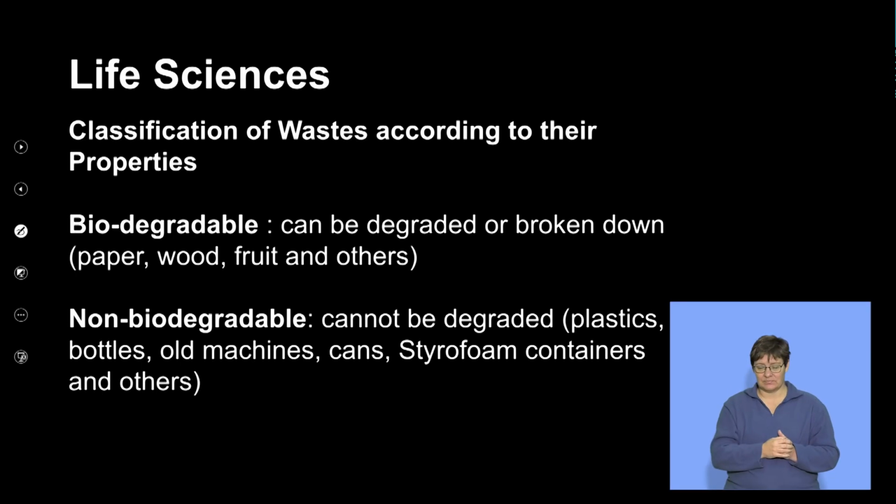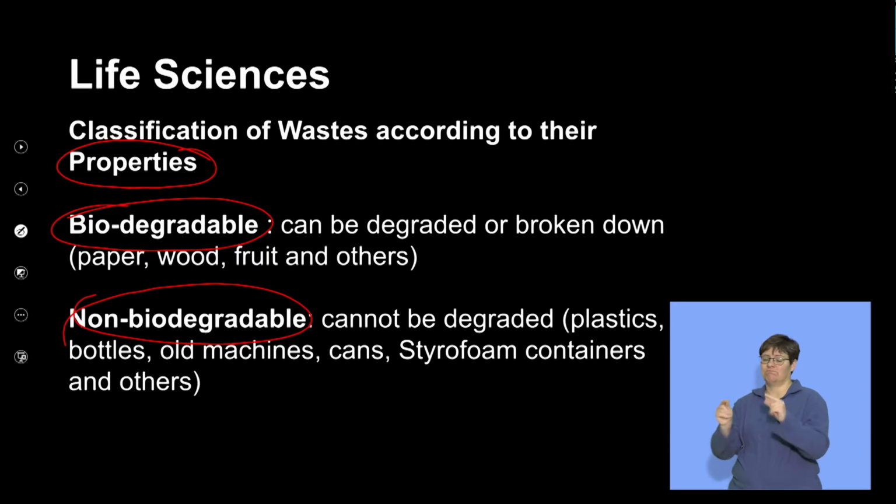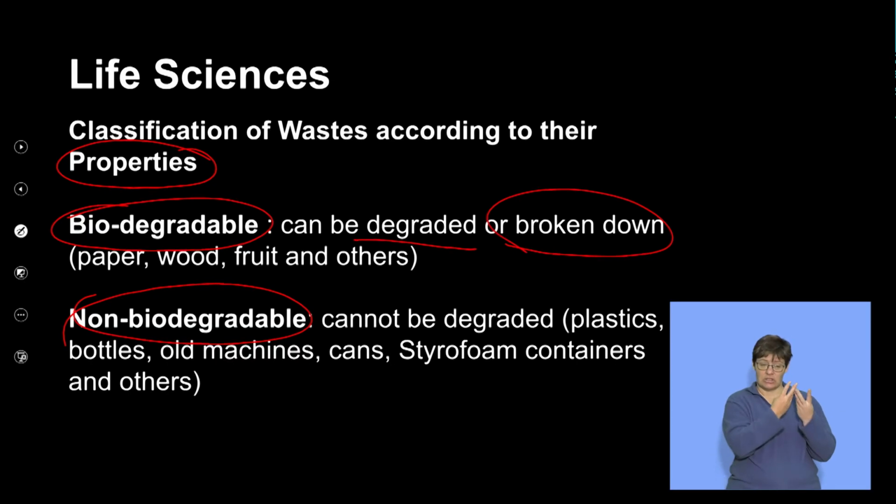Right. So we can also classify waste according to their properties. And as I mentioned earlier on, we can broadly classify them into two groups, your biodegradable and your non-biodegradable waste. And so when we talk about biodegradable, again, these can be degraded or broken down. Examples of this would be your paper, wood, fruit peels, and others.